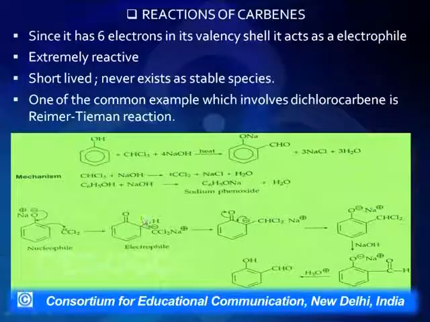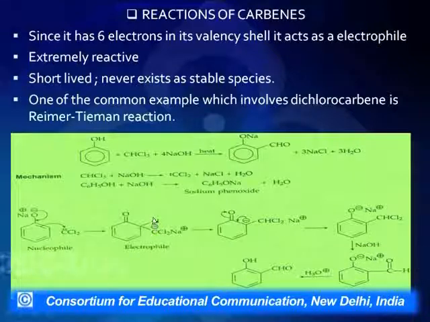Now this dichlorocarbene acts as an electrophile, and it attacks the sodium phenoxide ion at this position, and we get this. Since it is a neutral electrophile, the negative charge of the pi bond is shifted here.